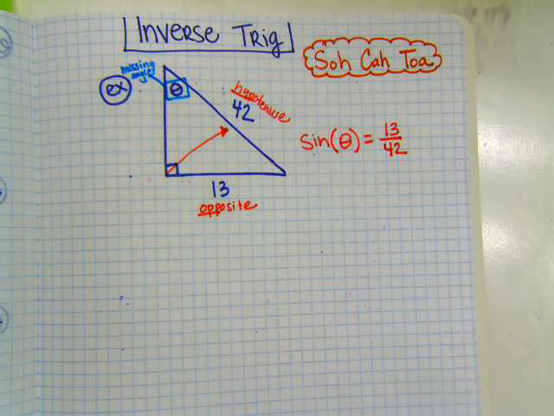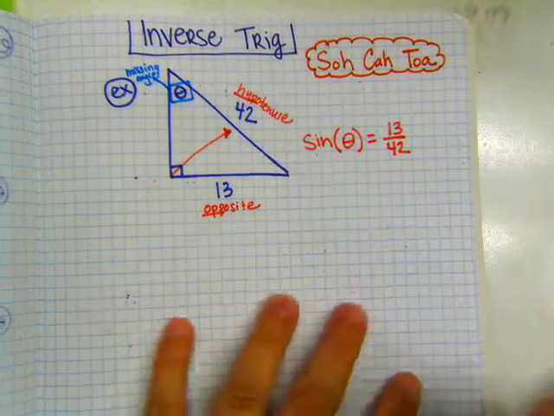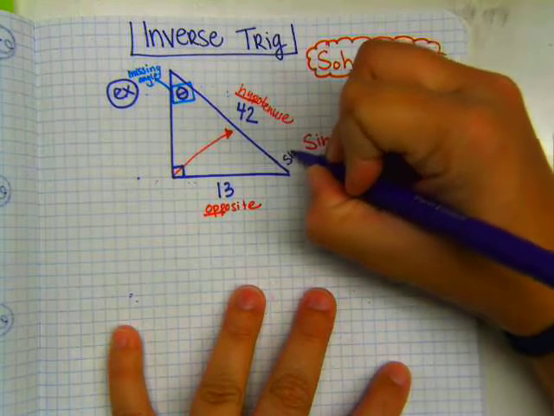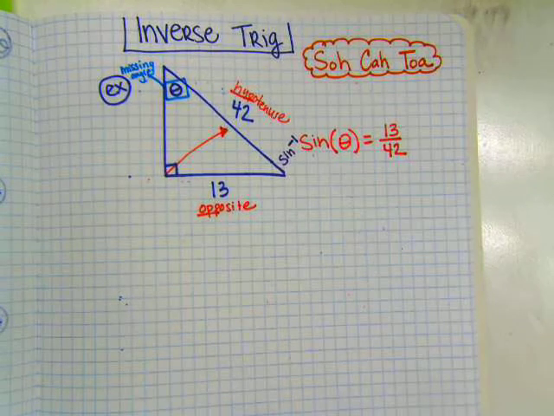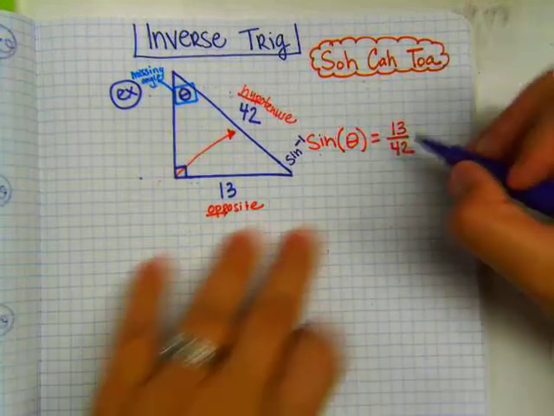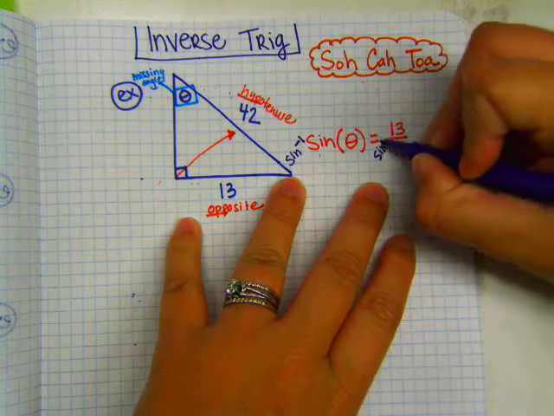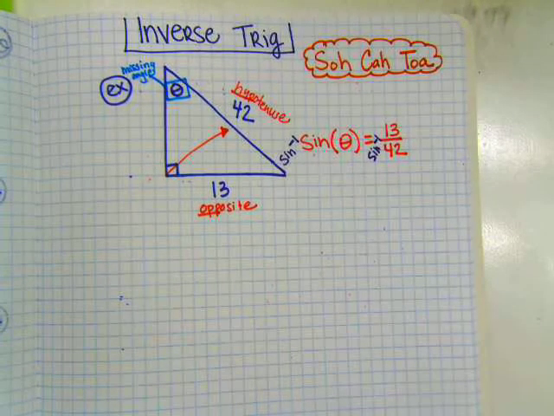So it's called inverse trig because you're going to do the inverse of sine. What that looks like is I'm going to write sine inverse, which is a -1 at the top, on this side, and I'm going to write it on this side. It works the same as if you're solving a multiplication problem.